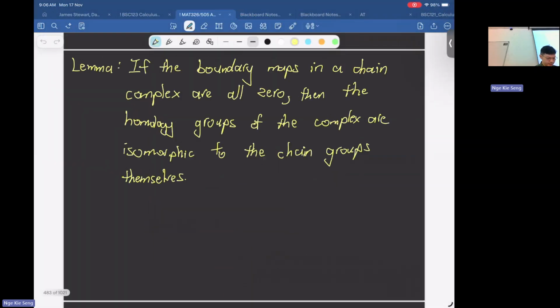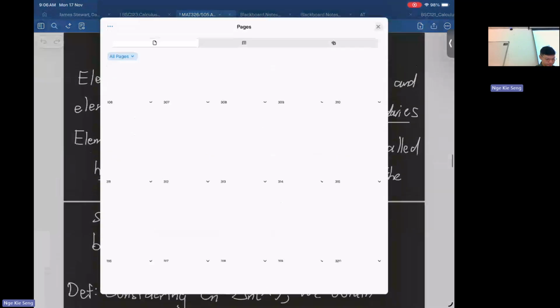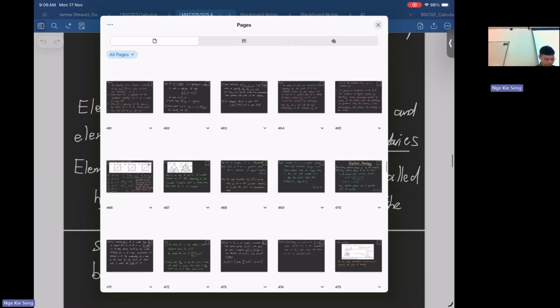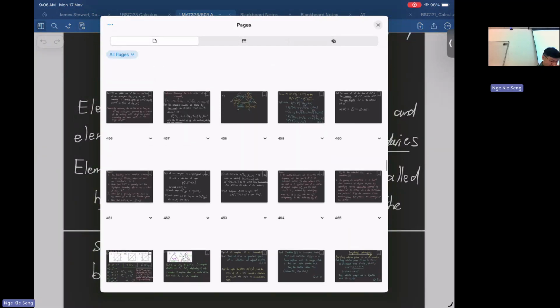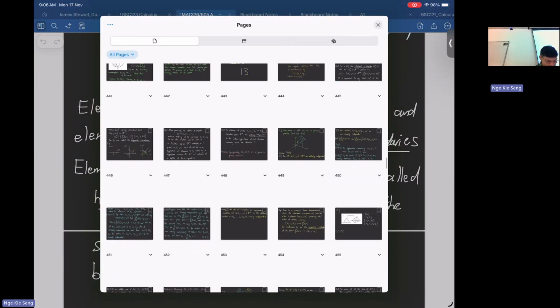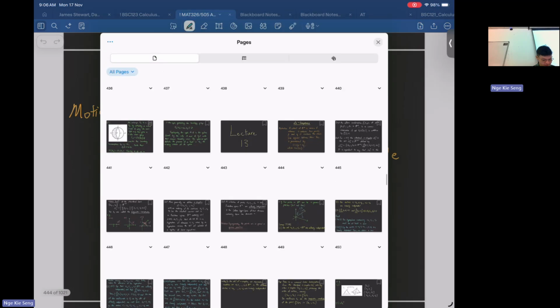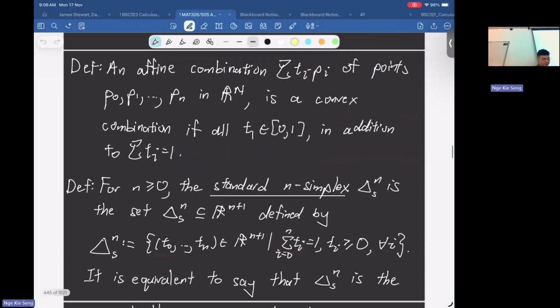So I have added things for delta complex, sorry, delta complex, not CW complex. CW complex was weeks ago. For delta complex, if you still remember, we defined the standard n-simplex with the coefficients summing to 1.